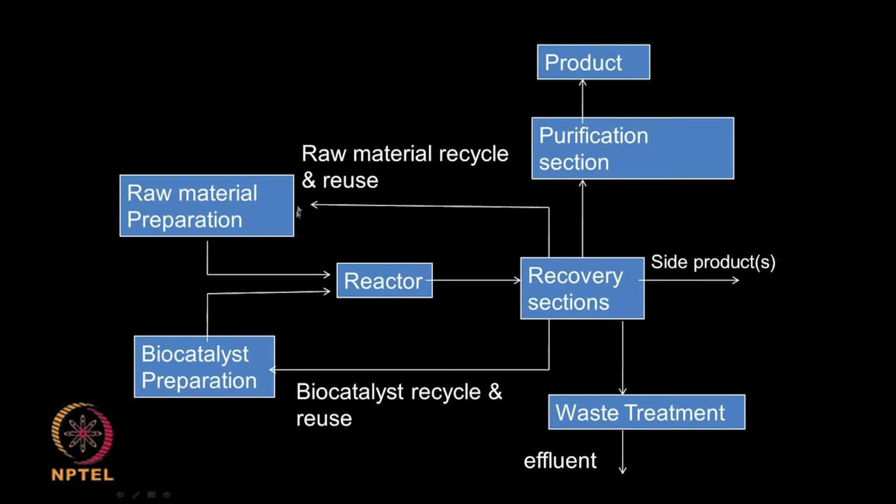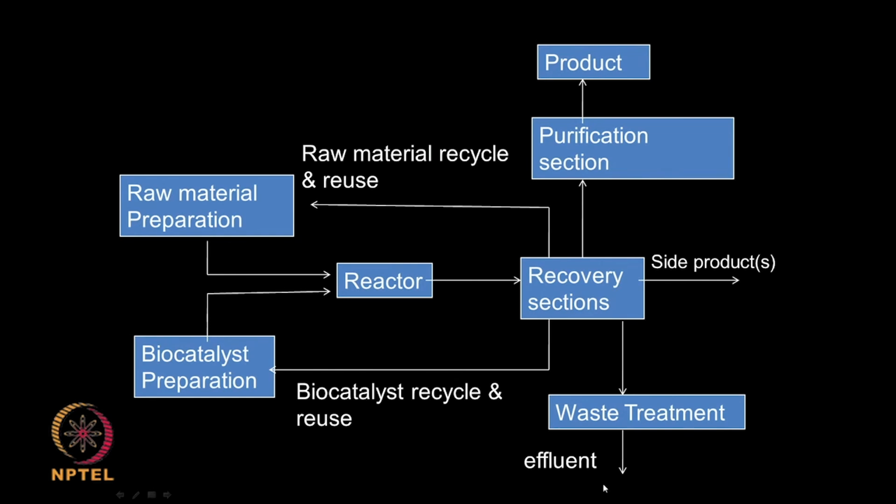All these happen in the upstream, and here we have the downstream: the recovery section, the purification section, then the product, and of course the side products and the waste disposal going to effluent. Some of the raw materials may be recycled, and some of your biocatalyst may get recycled, especially if it is an enzyme. You cannot just throw them out, you need to recycle them for better cost effectiveness. So the entire block diagram is called the downstream.